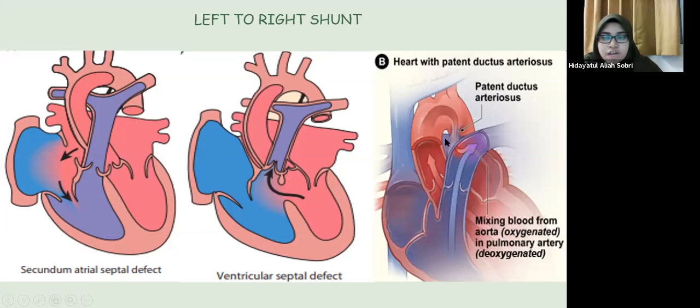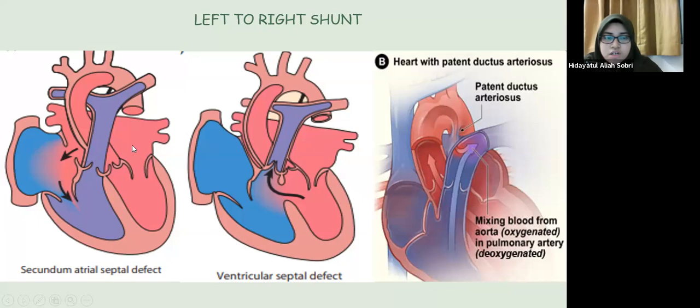Usually right after birth, this ductus arteriosus will close, so there is no more patent ductus arteriosus. So when there is a patent ductus arteriosus, the blood which is high pressure from the aorta will shunt to the right part.